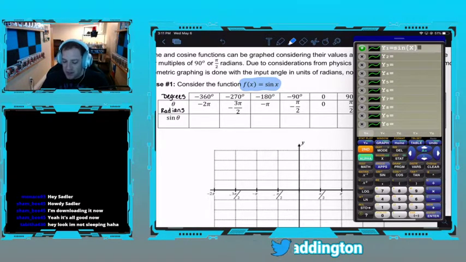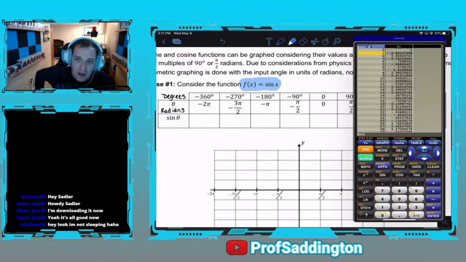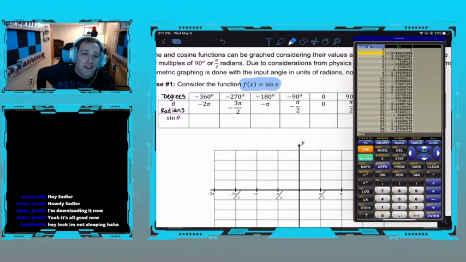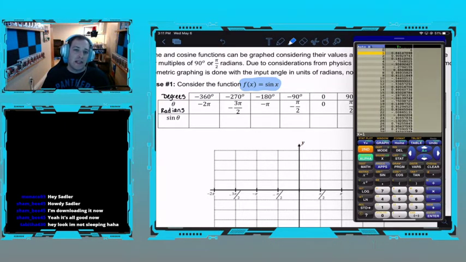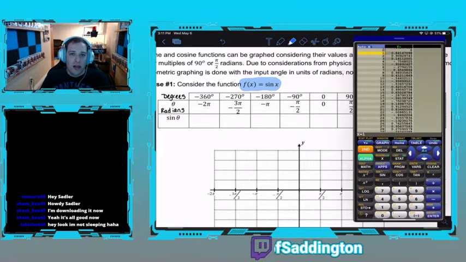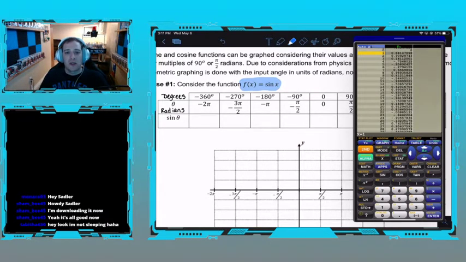But now that I have sine x in there, now I'm going to check my table. Oh, actually, you know what? There's one thing I forgot to do. I told you guys that we're going to be graphing in radians. So right now, I don't know if this calculator is in radian mode or if it's in degree mode.